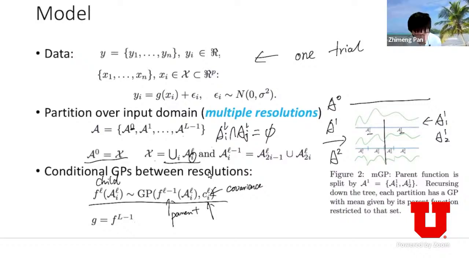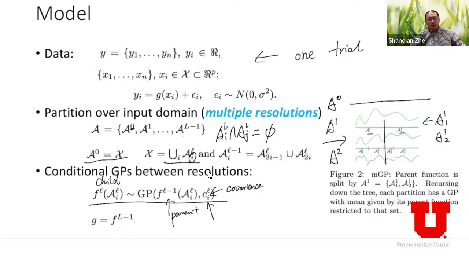In the lower level, you can have more drastically changed covariance, but in the upper level, you may have more smooth changes.